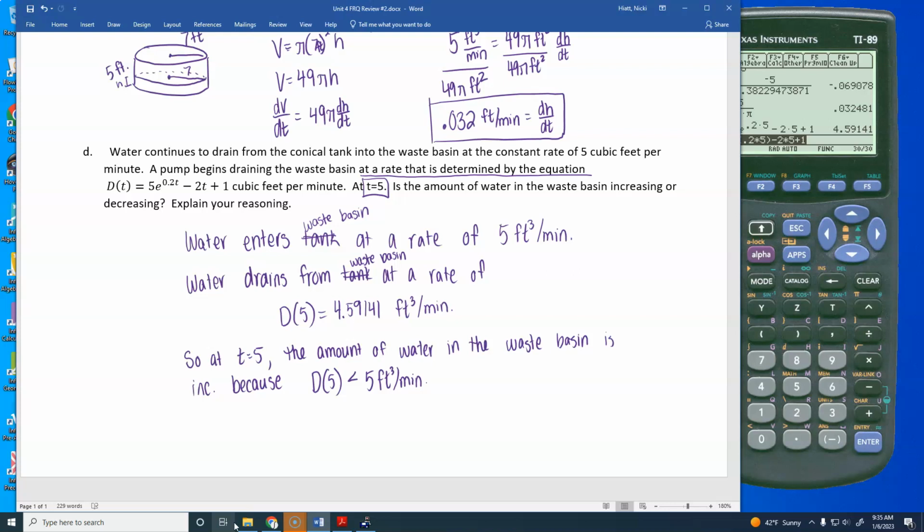Although I will tell you that the answer for 18 is 9 over 10 pi, or that as a decimal is 0.286. So 18 should be 0.286 feet per minute.